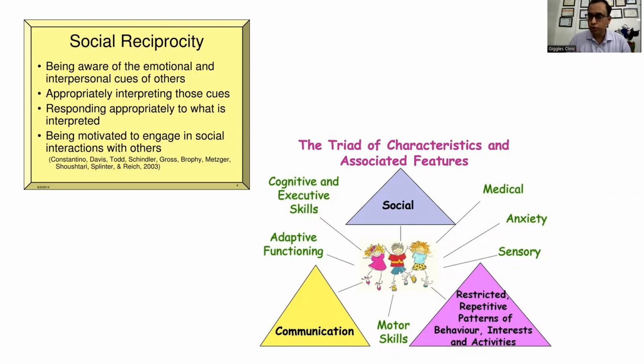Another important thing to remember is that many times we see 20% of the kids on the spectrum might have seizures. Once they have an episode of seizure, the parent will suddenly say, sir, his socialization skills have drastically reduced. Otherwise, he was talking, speaking, initiating, but after an episode of seizure his socialization skills drastically reduced. Why does that happen? Because of the seizures.